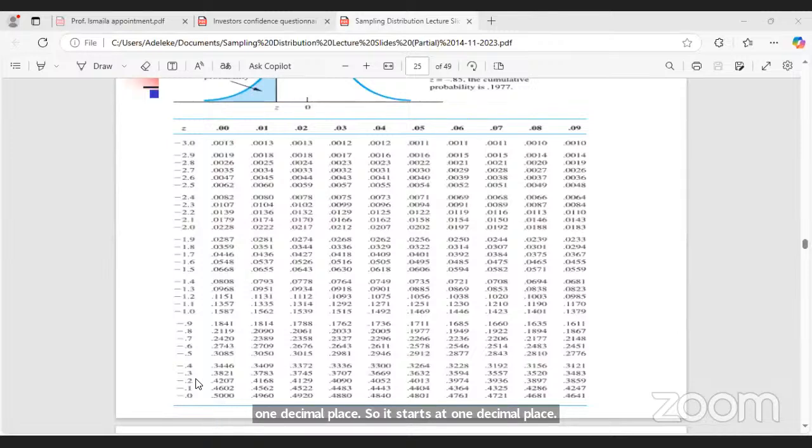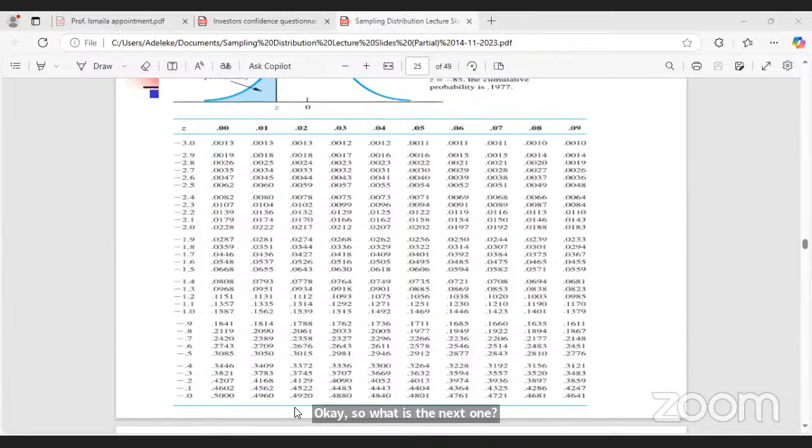To make it 0.02, I move 3 steps to the right; at the top column, you have 0.02. Joining that 0.02 with my minus 0.0, that is minus 0.02. The probability there will be 0.4920. Okay, so what is the next one?